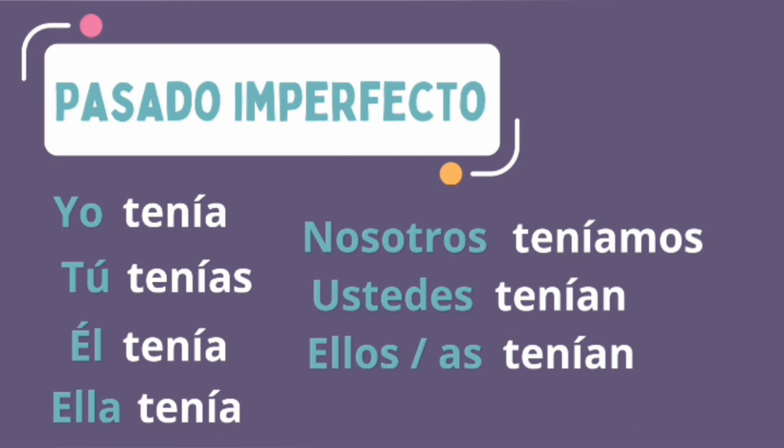Now let's see how you have to conjugate this verb, have, in the imperfect past, okay? Tener. And the conjugations would be yo tenía, tú tenías, él tenía, ella tenía, nosotros teníamos, ustedes tenían, ellos or ellas tenían.